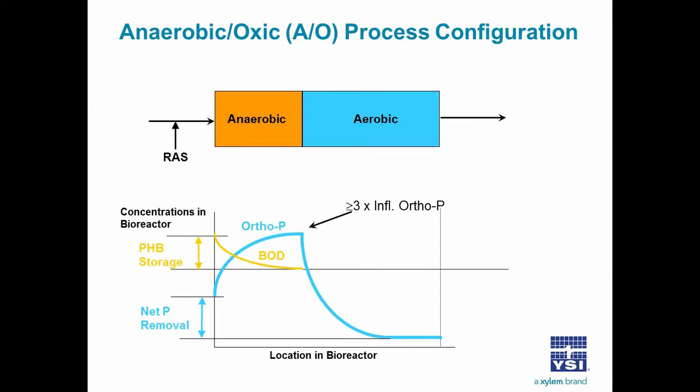The BOD then is stored into PHB in the anaerobic zone and then oxidized in the aerobic zone, such that the net P removal is the difference between what came in and the P remaining at the end of the aerobic zone.